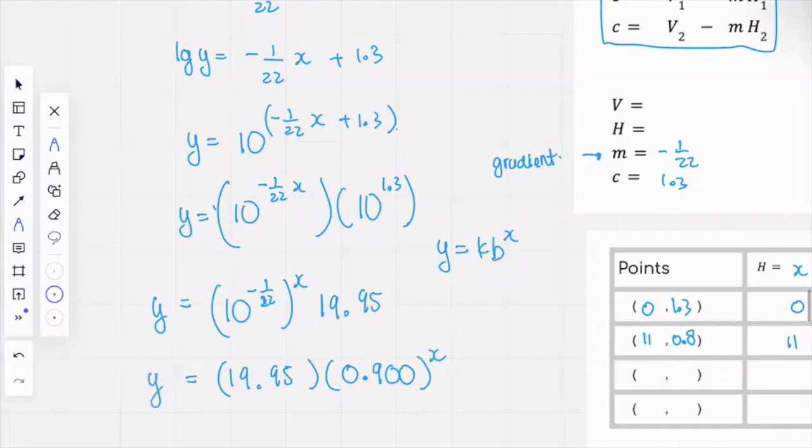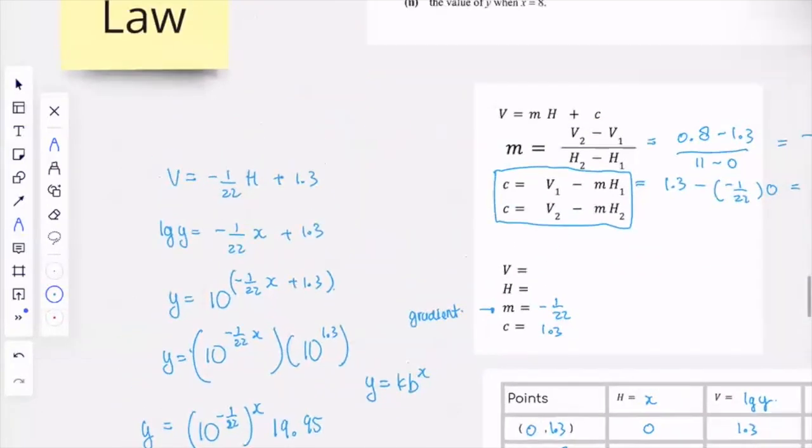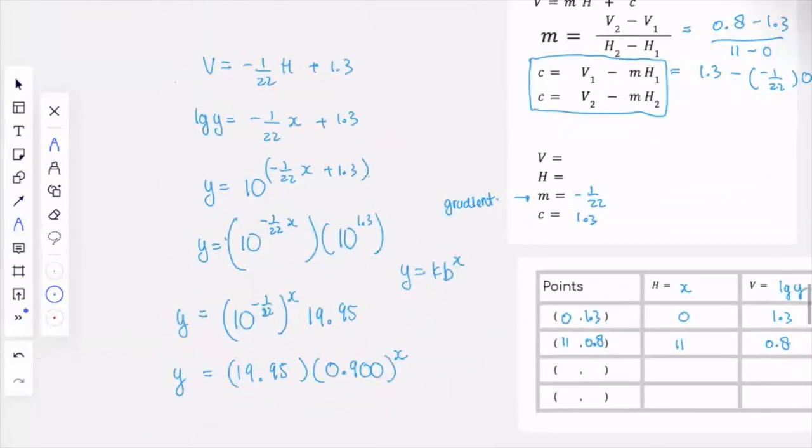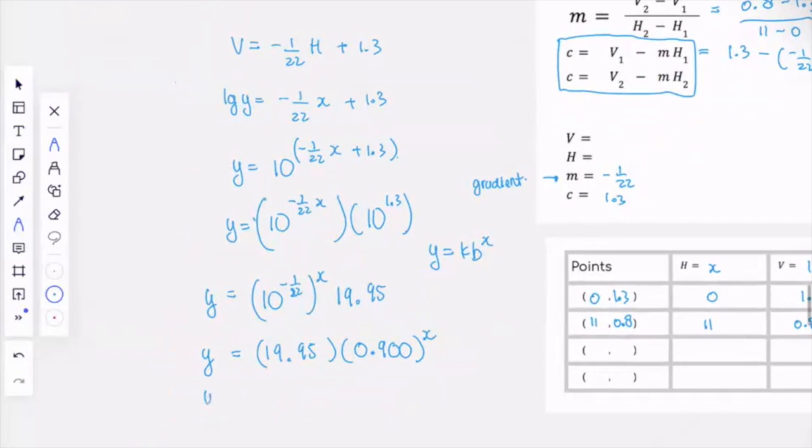So this is the answer, but they ask for two significant figures. Very simple, we just round it off: 20 times 0.90 power x.